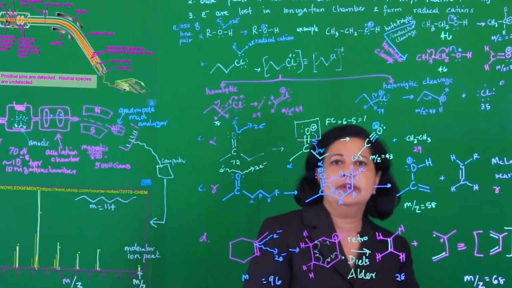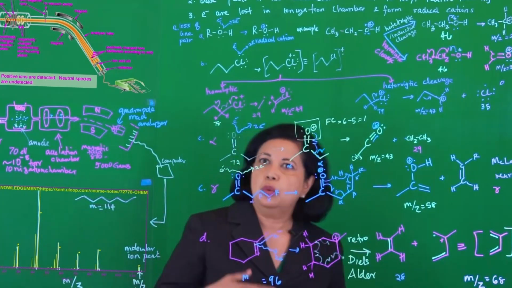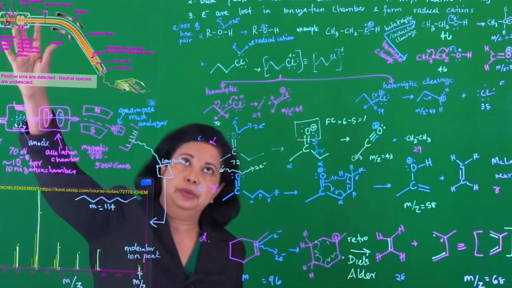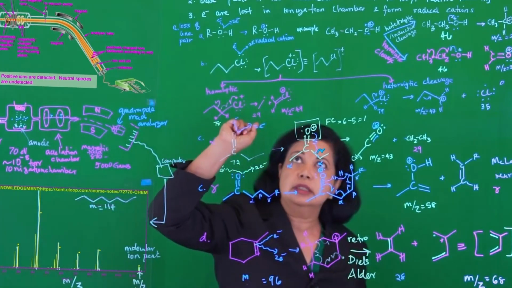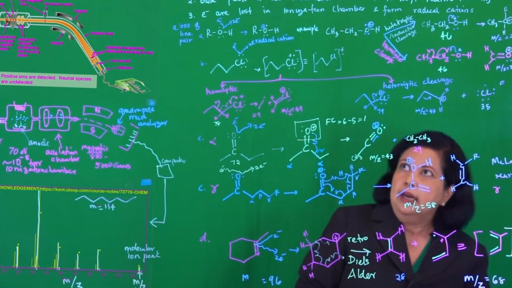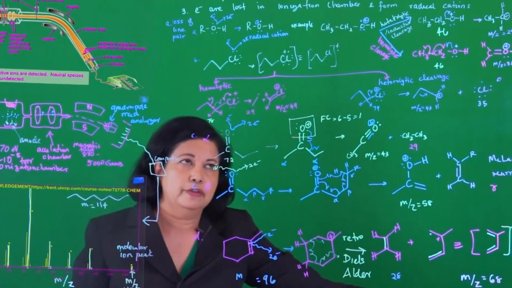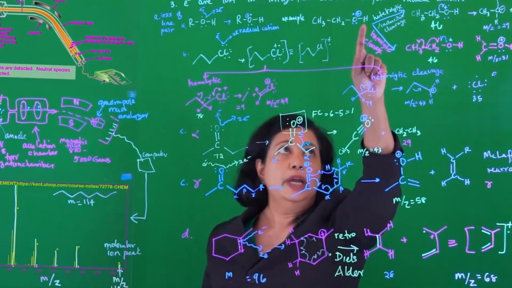Just in summary, we want to talk about some of the fragmentation patterns inside a machine. Once the neutral molecule goes through and gets one of its electrons knocked out, the molecule begins to unravel. Most of the time, the molecule would get its lone pair electrons knocked off first, and so it would have a radical cation.